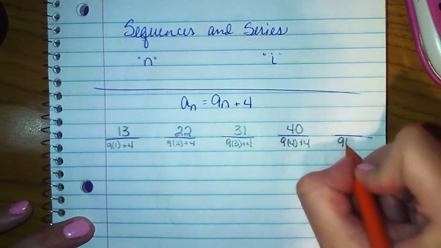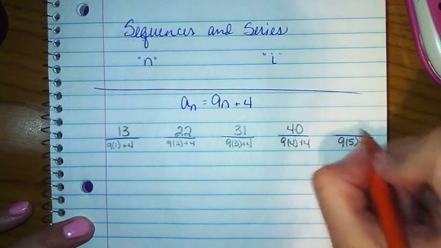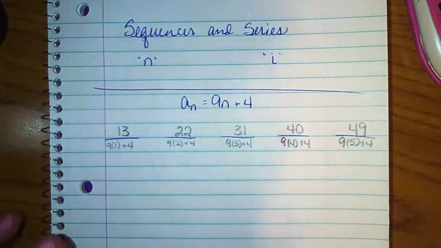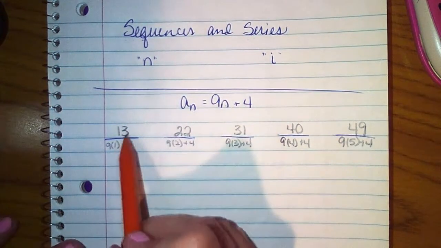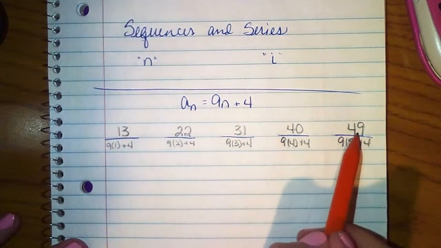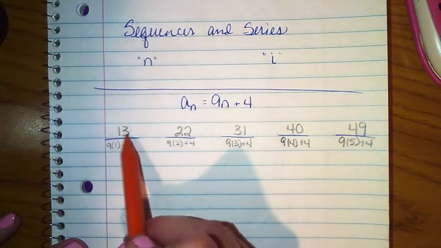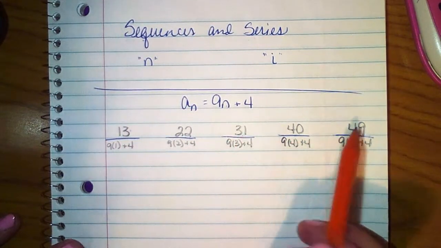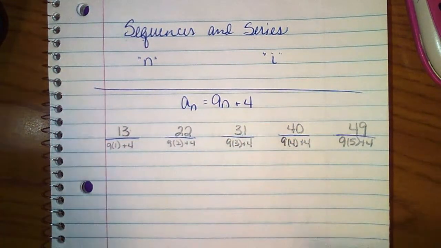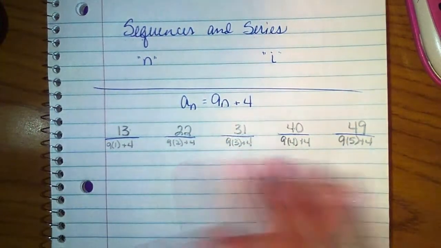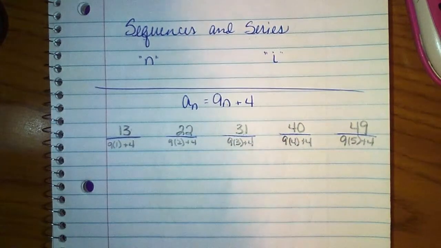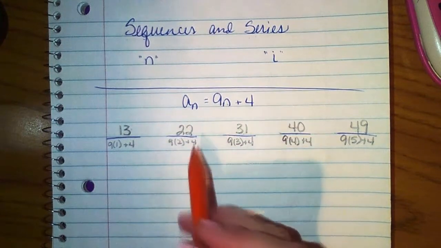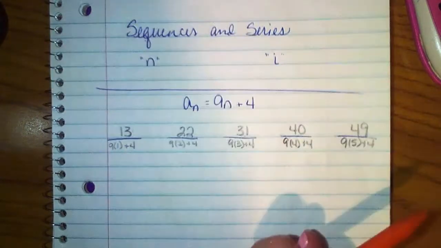And then 9 times 5 plus 4 is 49. Now the benefit is you should be able to see these just increase by 9. So as soon as you know your starting point, 13 plus 9 plus 9 plus 9 plus 9. So as long as you're secure in the pattern, you don't have to do the math underneath it. But that's the sequence. If I asked you for the series, you would just add those 5 numbers together.